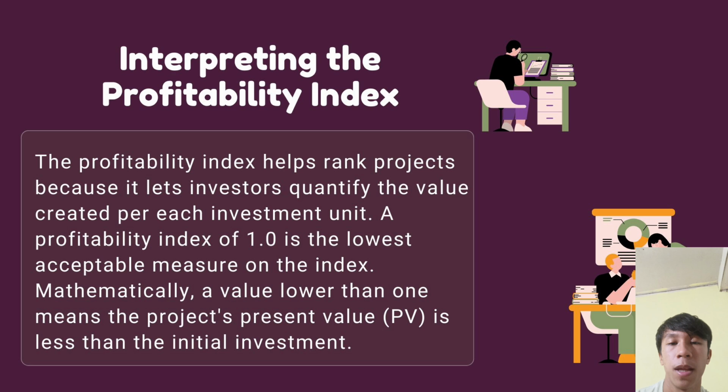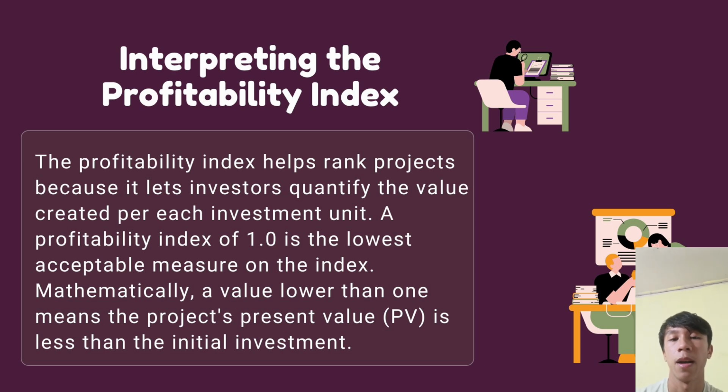The profitability index equals 120,000, the present value, divided by 100,000. So it equals 1.2. Since the profitability index, or PI, is greater than 1.0, this project is a good investment.